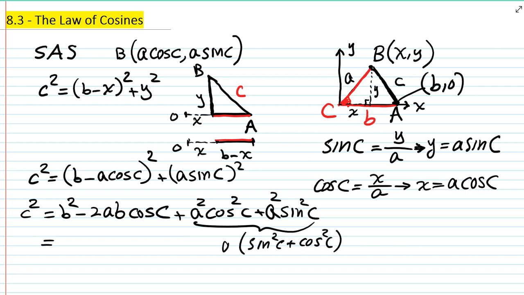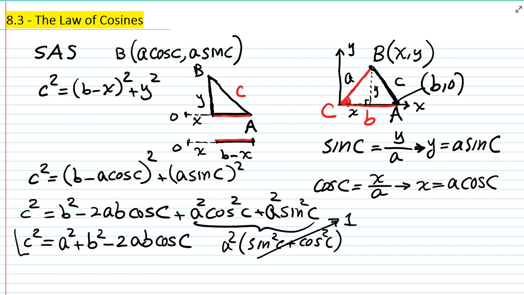Once we factor A squared, and we know that by the Pythagorean identity that's 1, so we can in turn write that as A squared plus the other two terms, B squared minus 2AB cosine C. And this is indeed one version of the law of cosines.